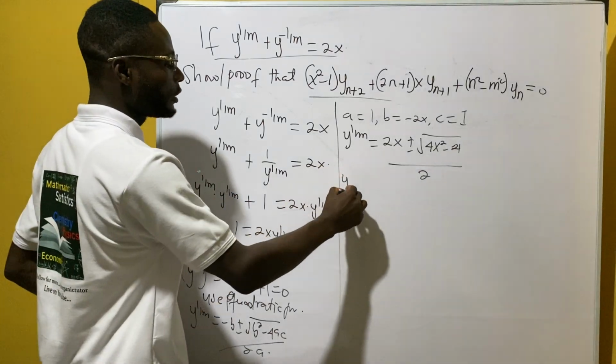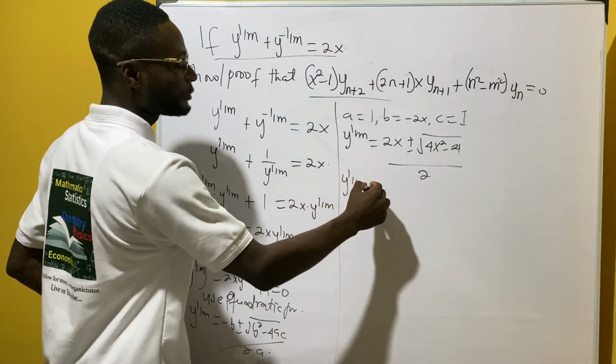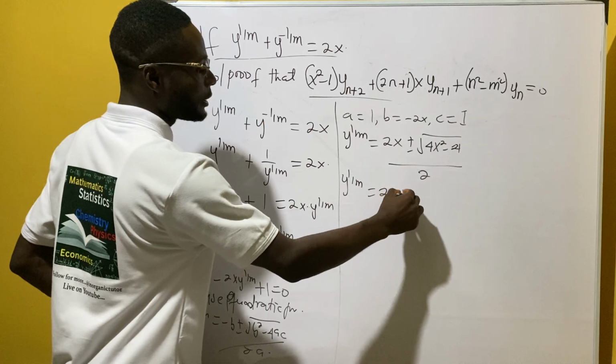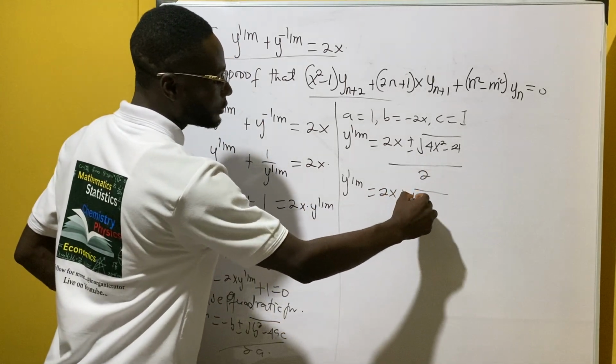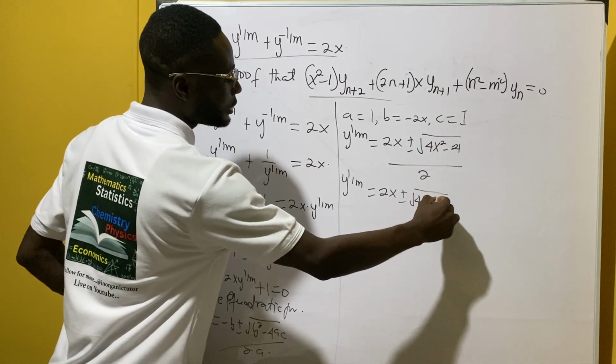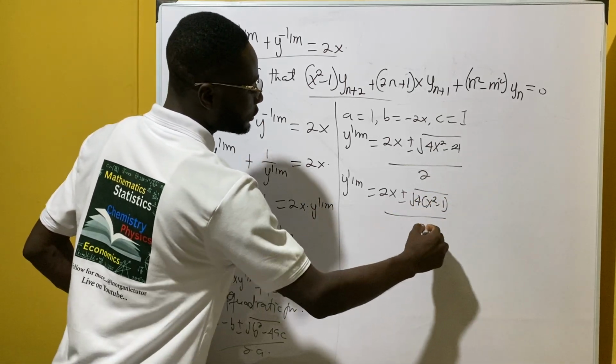So we have y^(1/m) equal to 2x plus or minus the square root of, we can factor the 4 out, so we have 4 into x² − 1, all over 2.